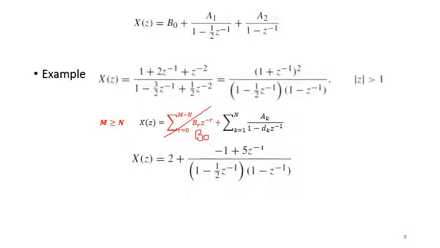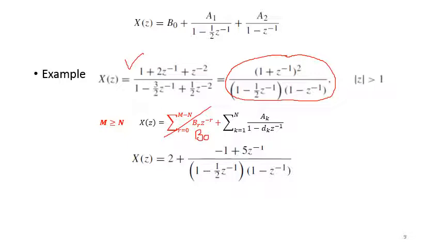So for such types of problems, we use long division to make the numerator power less than the denominator power. So what we do is divide this. Let's express this in ascending powers of z.